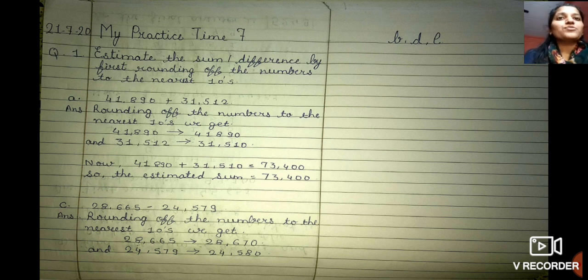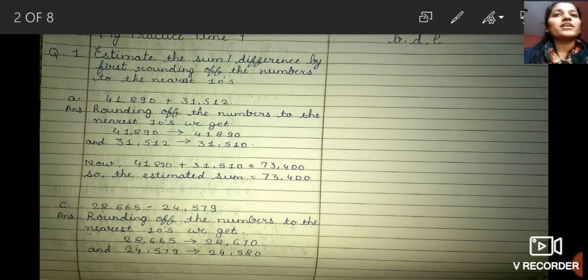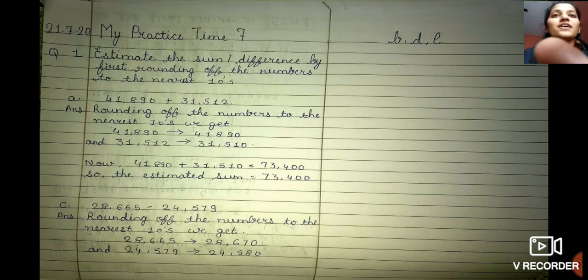Okay, now students, as you can see on the screen, you have to open a new page of your math CW, and here I have written today's date, that is 21/7/20, that means 21st July 2020.